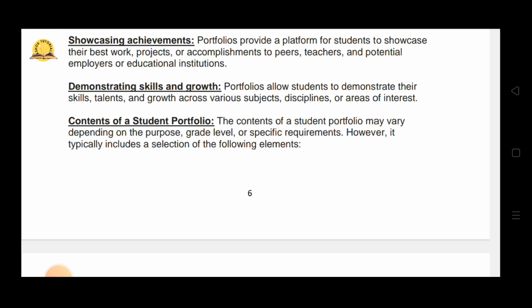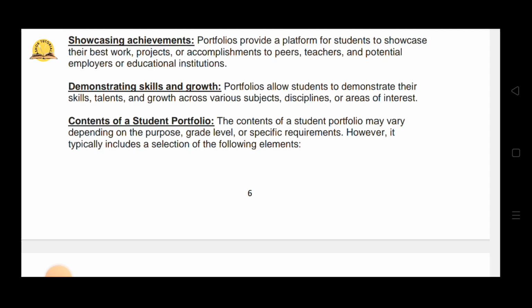So, demonstrating skills and growth. Portfolios allow students to demonstrate their skills, talent and growth across various subjects, disciplines or areas of interest. By maintaining a portfolio, the students can showcase what skills they have. They might be good in language skills, they might be good in mathematical and logical skills, they might be good at art, they might be good at literature.